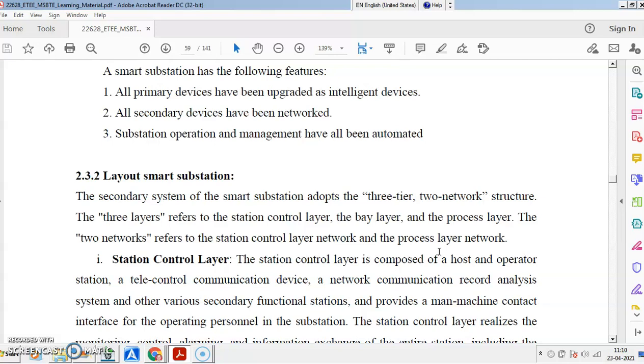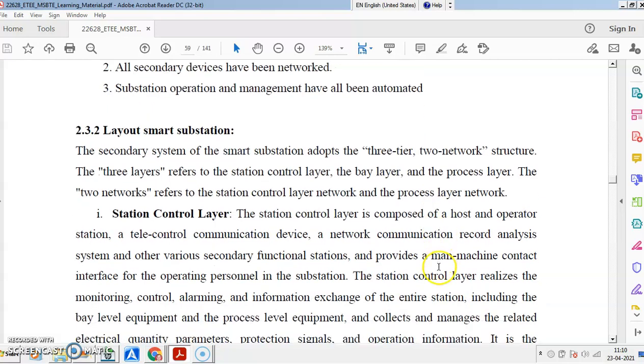The two networks refer to the station control network and the process layer network. So this is the three-tier two-network structure that a smart substation adopts.